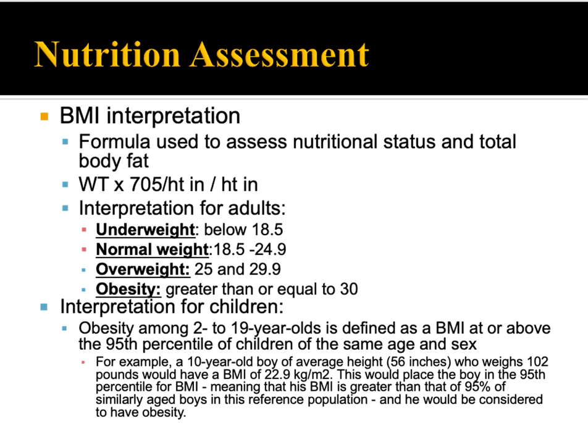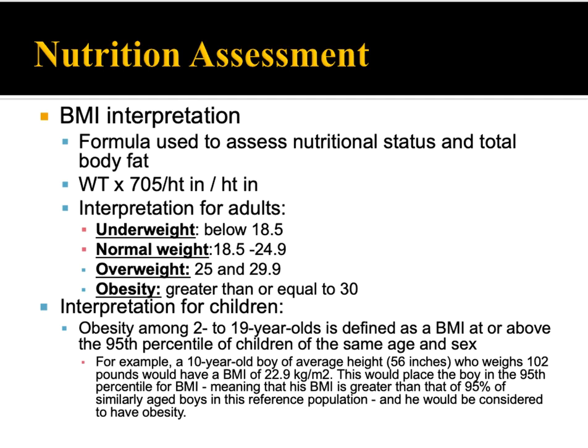So the anthropometrics include BMI interpretation. Most of us, if not all of us, are familiar with the concept of BMI, and that BMI stands for your body mass index.